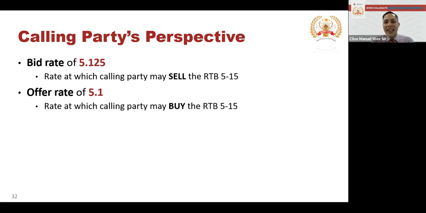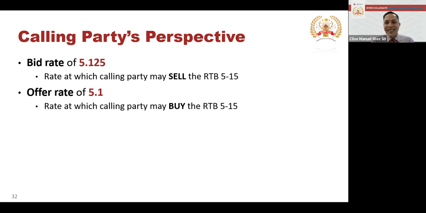So you are selling at 5.125%. Again, on the flip side, since the market maker quoted to you a rate of 5.1% on the offer, that is the rate at which you will buy the government security, the RTB 5-15.